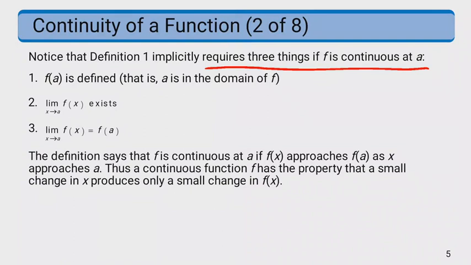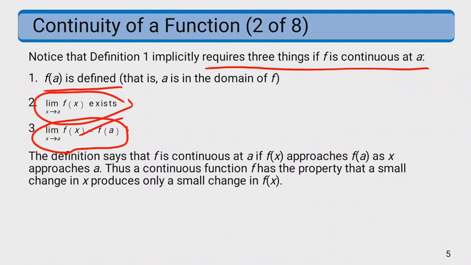First, we require the function to be defined. We also require the limit to exist, and the limit of f of x as x approaches a should be the same as the value of the function at x which is equal to a in this case.